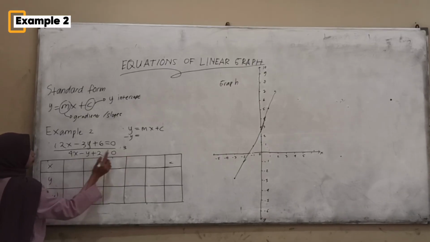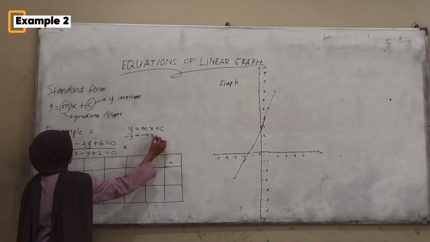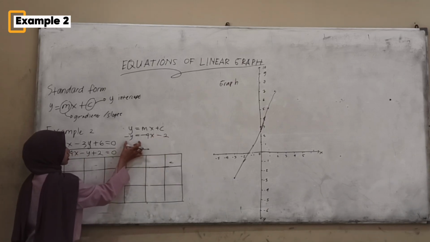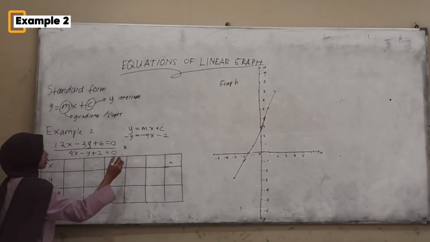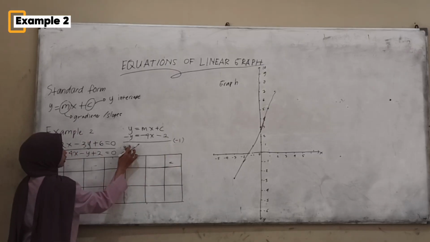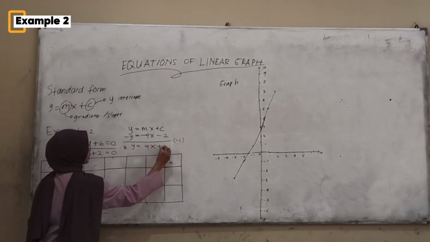So we have minus 4x minus 2. Because this y is negative, we have to change it into positive by multiplying by minus 1. So the answer will be y equals 4x plus 2.